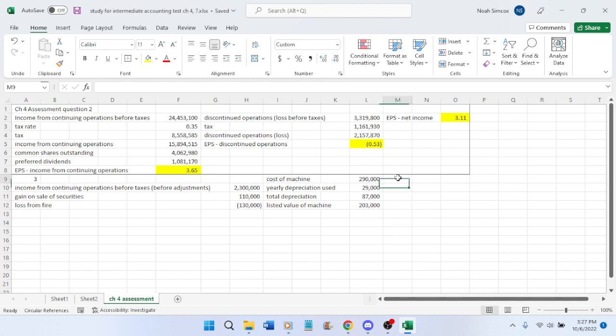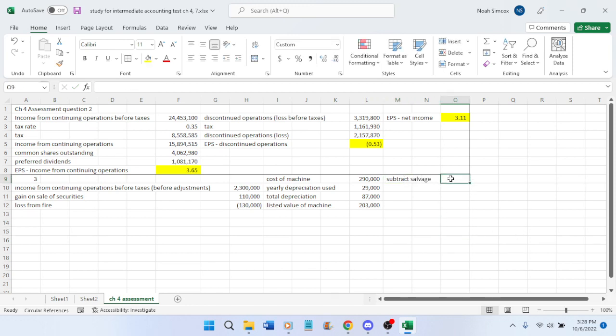So the real amount should be subtract depreciation, subtract salvage.